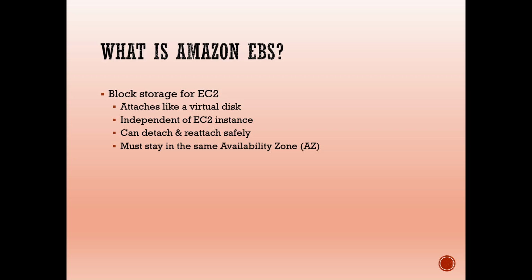And the fourth point is that it's detachable and can move between EC2 instances in the same availability zone. The key point here is that EBS is independent of the EC2 instance. Whether you stop or replace the instance, the EBS volume persists with the data intact.